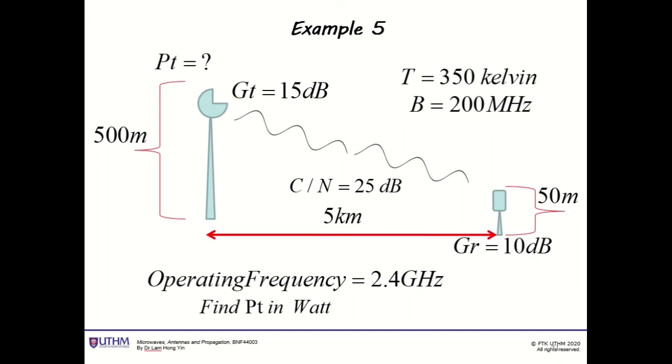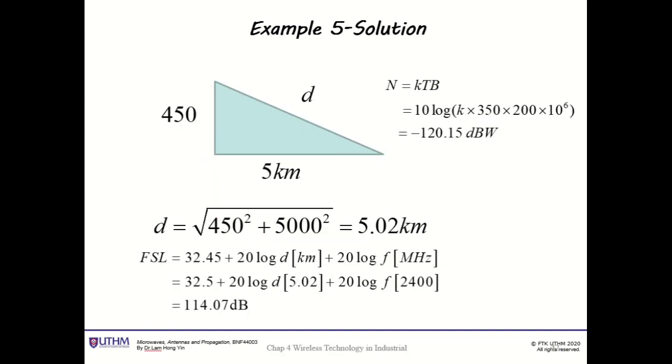The first thing to do is to find the distance between this antenna and this antenna. Use the trigonometry theorem to get the D over here. So D is 5.202 kilometers. From here, you know the distance between the transmit and receive antenna, you can get the FSL, free space loss or path loss, which is 114.07 dB.